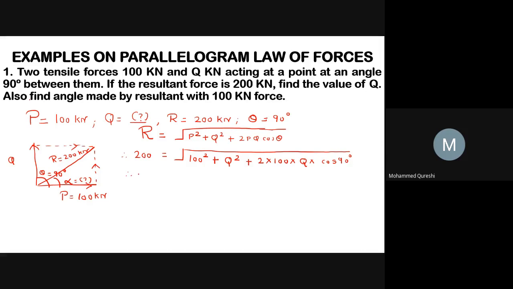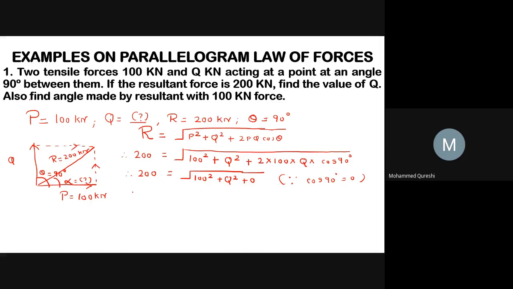So here 200 equals under root of 100 square plus Q square plus 0, because cos 90 is nothing but 0.